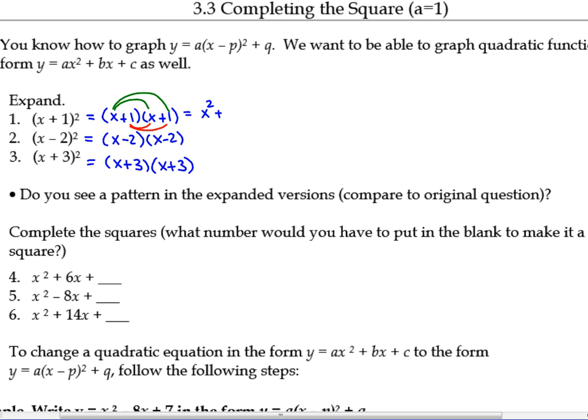X squared, then you have x times 1, x times 1, and 1 times 1, right? And the last is you collect the like terms in the middle.